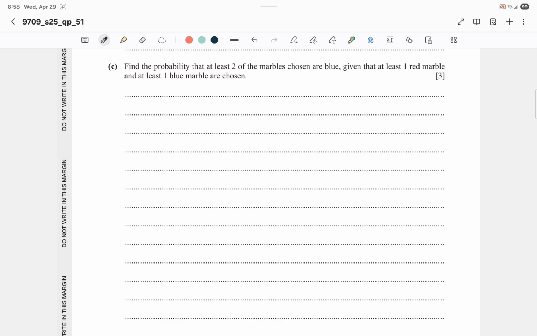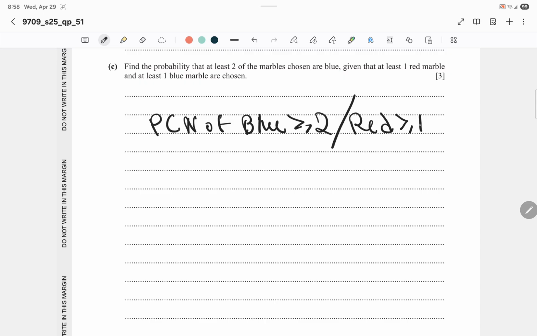So the probability of the number of blue marbles being greater than or equal to 2, given that red has to be greater than or equal to 1 and blue has to be greater than or equal to 1. Okay, that's basically what we're dealing with here.